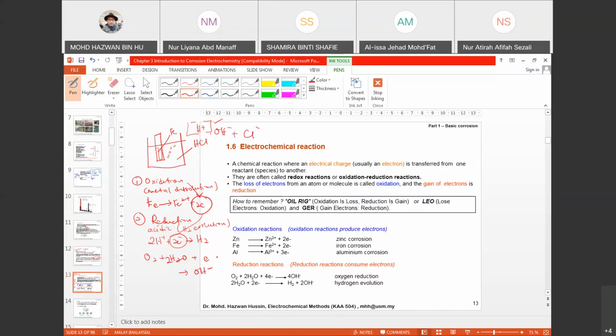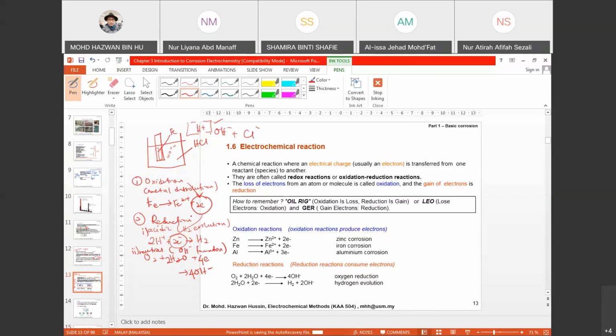This is in the case of neutral condition. So in a neutral condition, it is normally the formation of hydroxide ions.